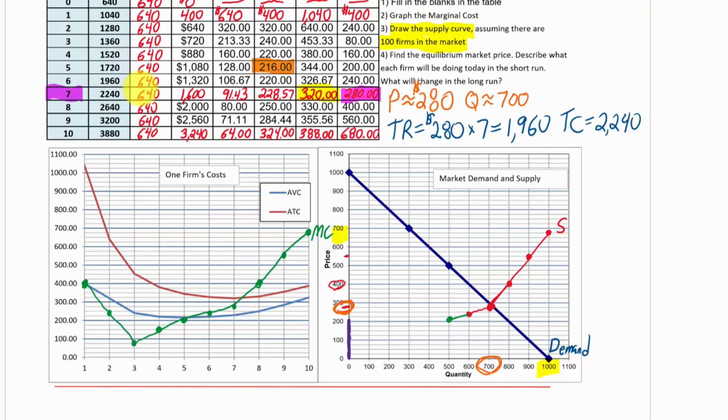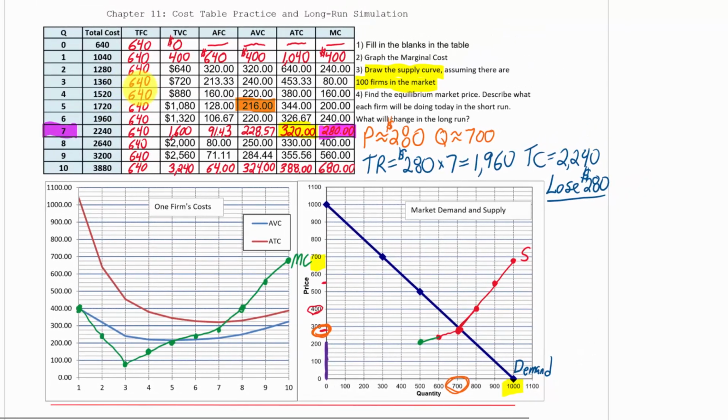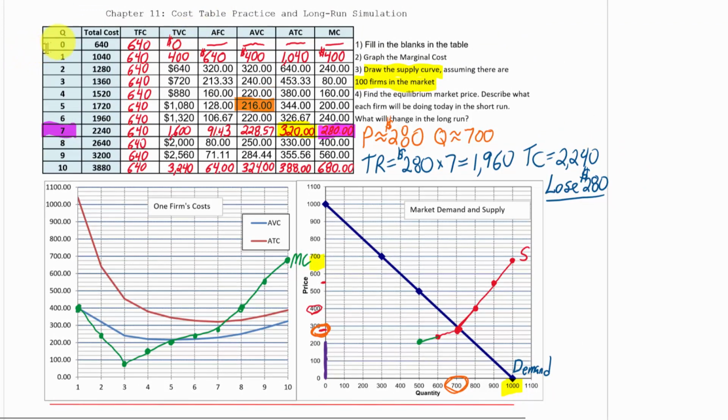If we take $1,960 minus $2,240, each firm is going to be losing $280 today. So in the short run, this would be our prediction: today their best choice is to go to work, produce 7 units each, and lose $280, because their only alternative today would be to shut down and produce 0, and they would lose $640. So today doesn't look good.